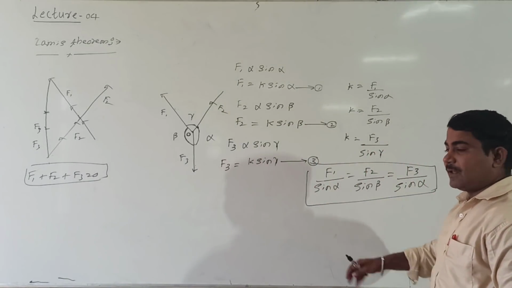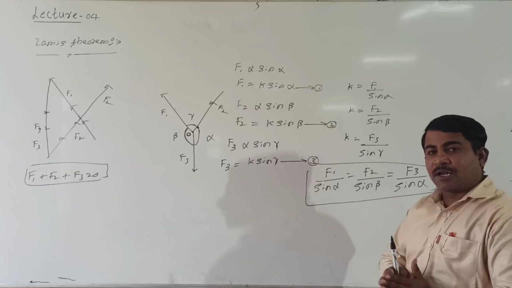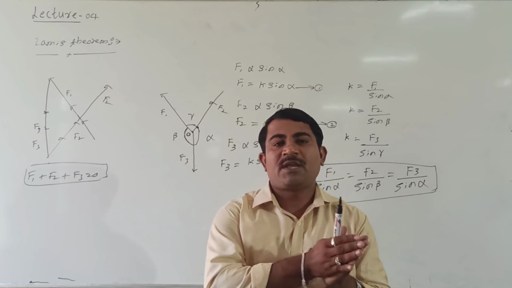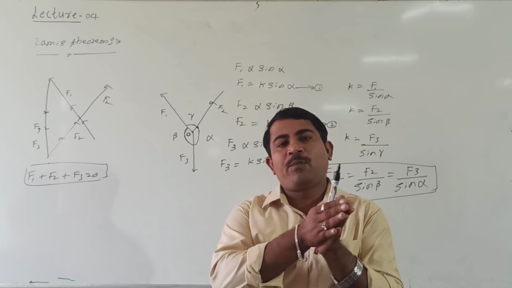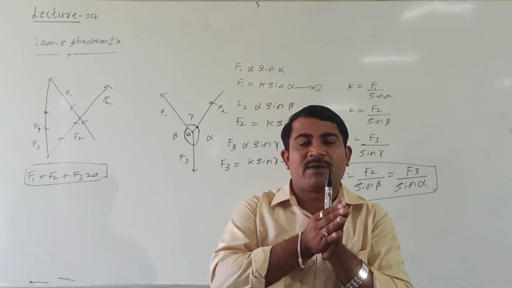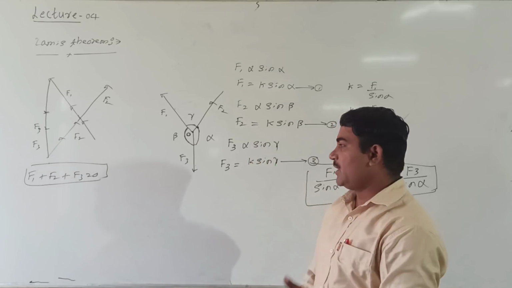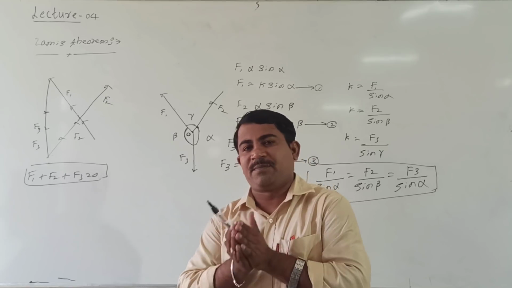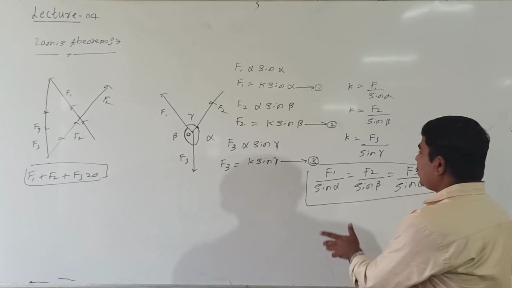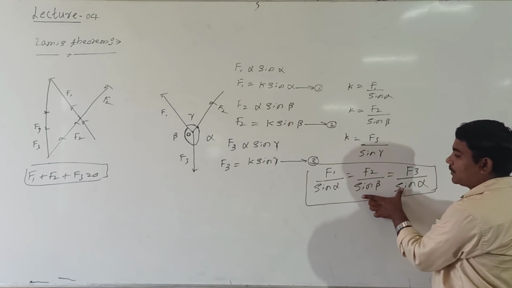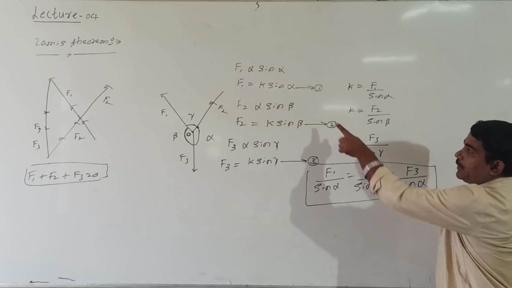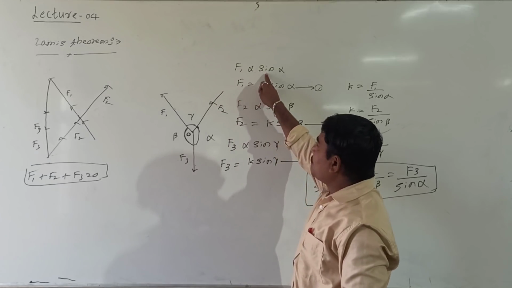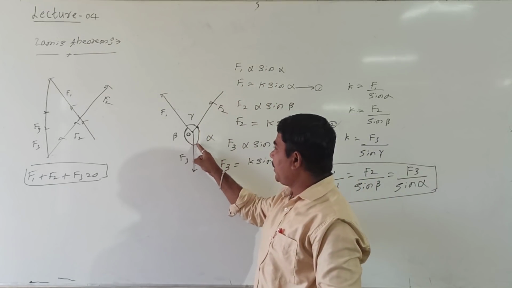What is the meaning of this? If three coplanar concurrent forces are in equilibrium, acting at a point, then the magnitude of one force is directly proportional to the sine of the angle between the other two forces.